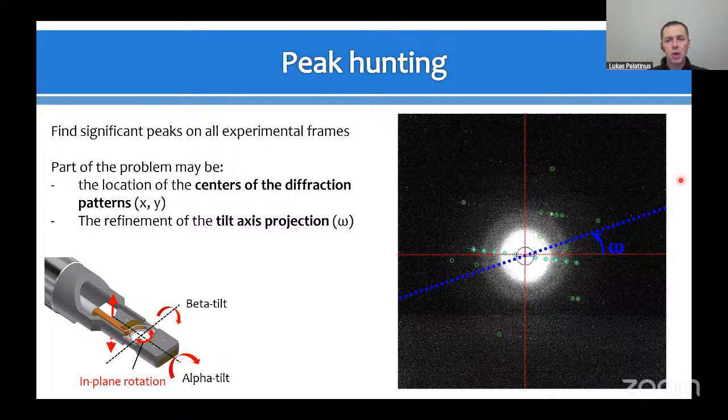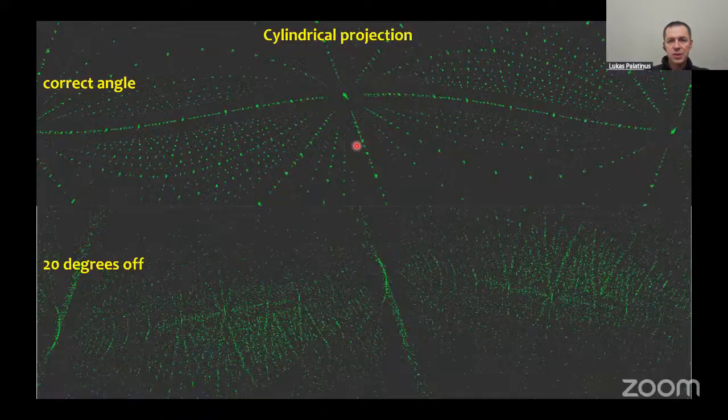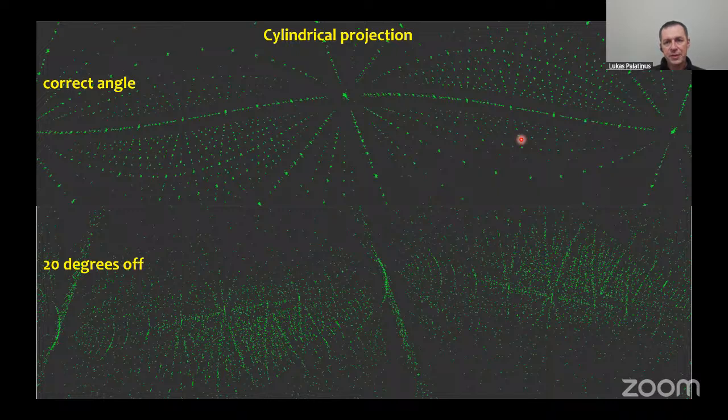So it's important to get the position of the rotation axis or the tilt axis projection correctly. This can be achieved quite elegantly using the cylindrical projection of the reciprocal space, which you can see here. So you basically take the diffraction space already projected or reconstructed in 3D and project it on a cylinder that's wrapped around the reciprocal space, the cloud of points.